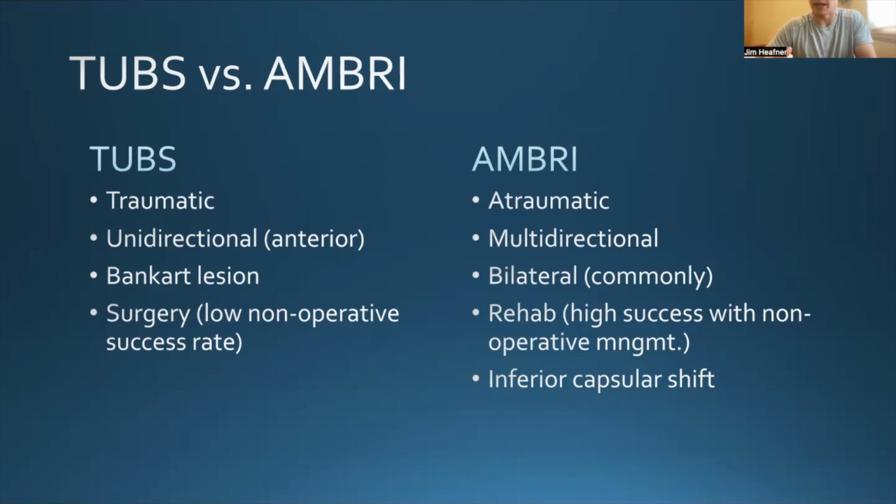They dislocate bilaterally. It's not a one-off event for these individuals. These people also do have a much higher success rate with non-operative management. If they do have surgery, the I component of AMBRI is going to be an inferior capsular shift, meaning a tightening of the capsular tissue to try to snug up the position of the shoulder.